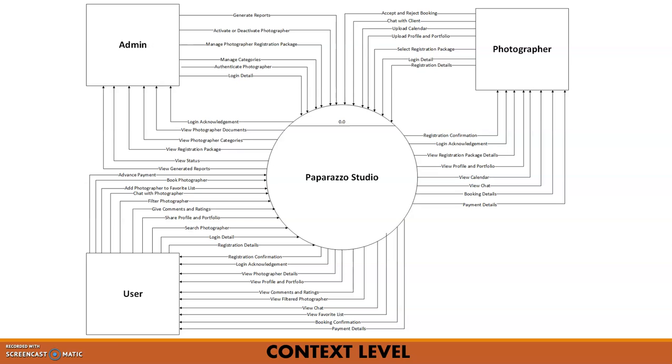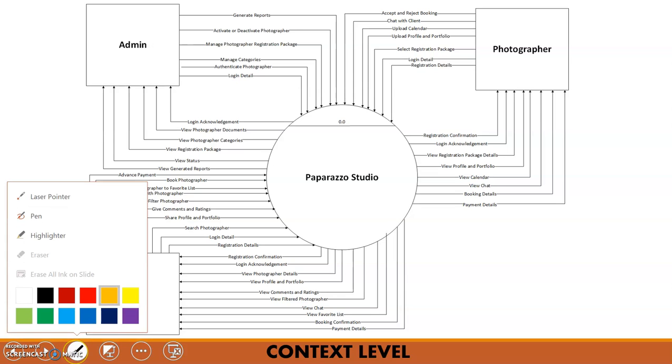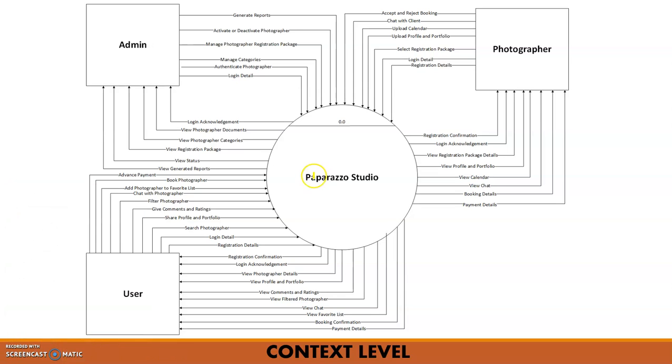Now see this diagram, this example. Here you can see the name of the project or the application, then you need to write the label number, that is 0.0. You can also write level 0 or the context level. Here we have three entities: admin, user and the photographer, right? Now see carefully what the admin can do.